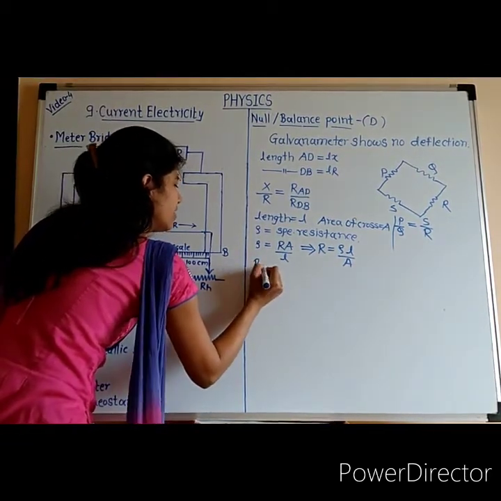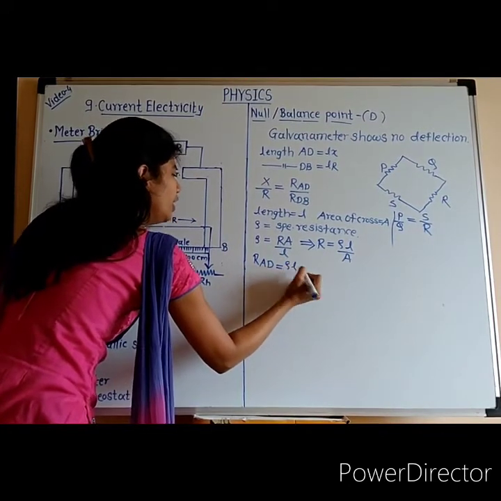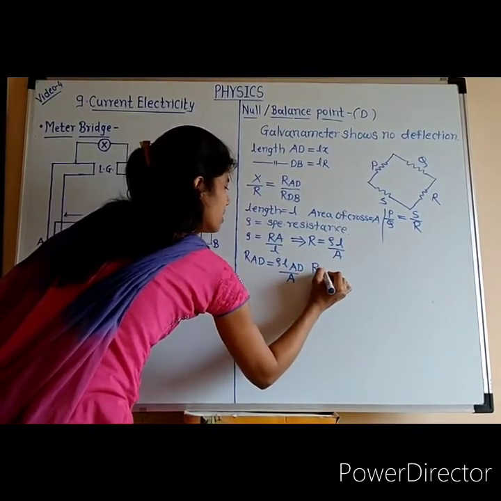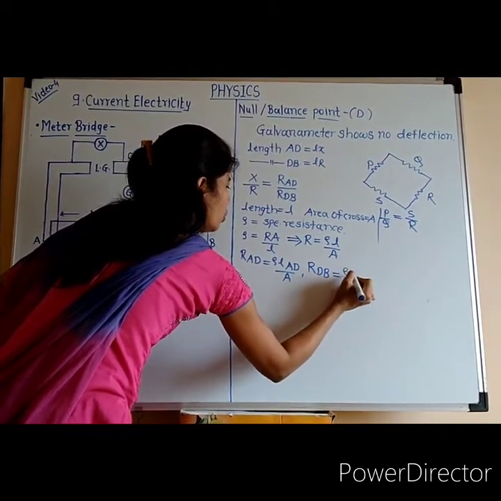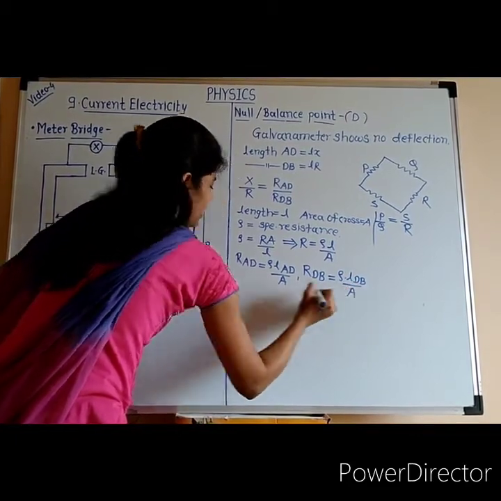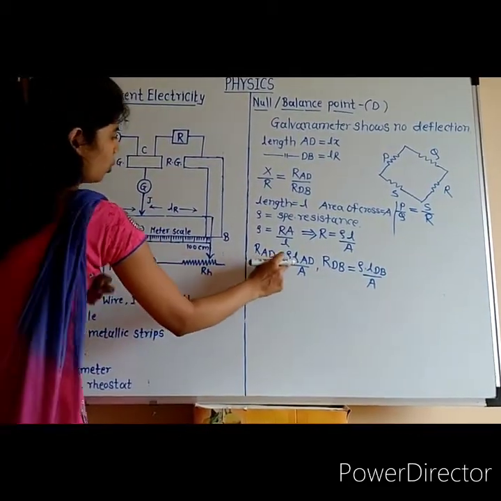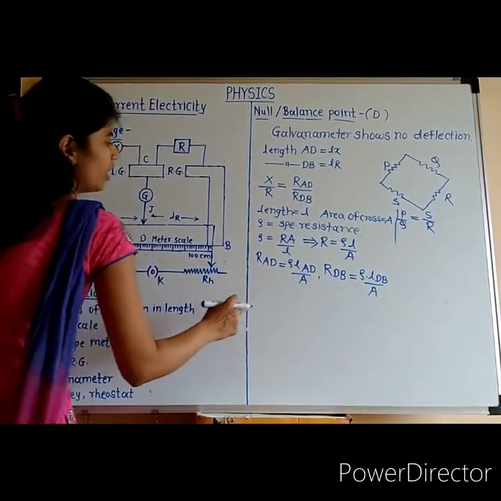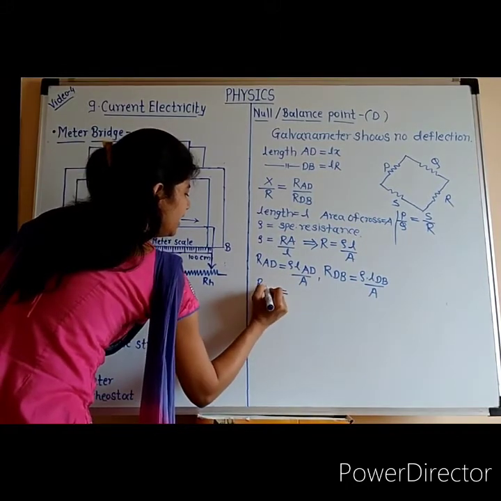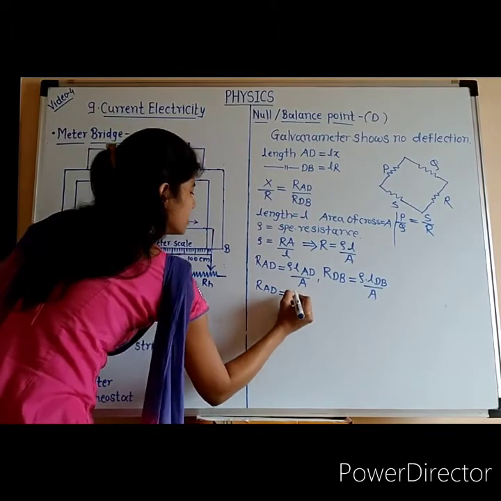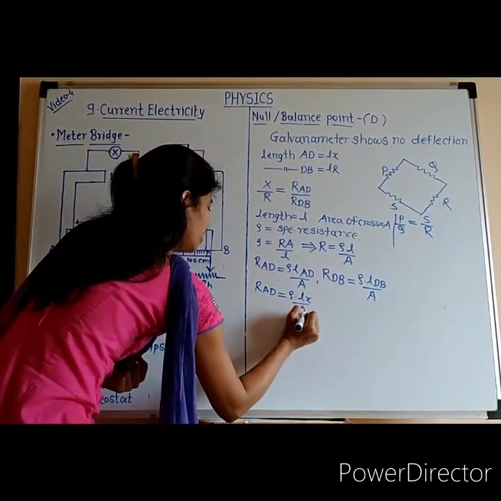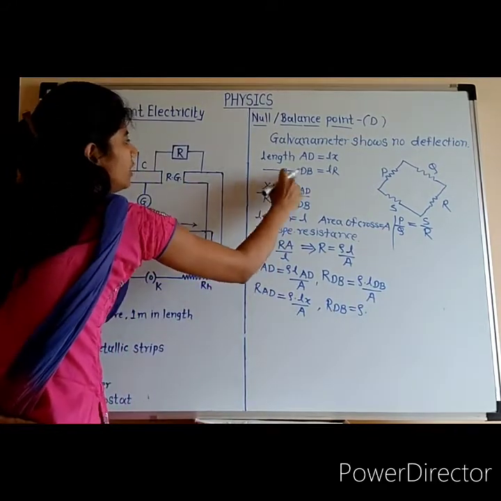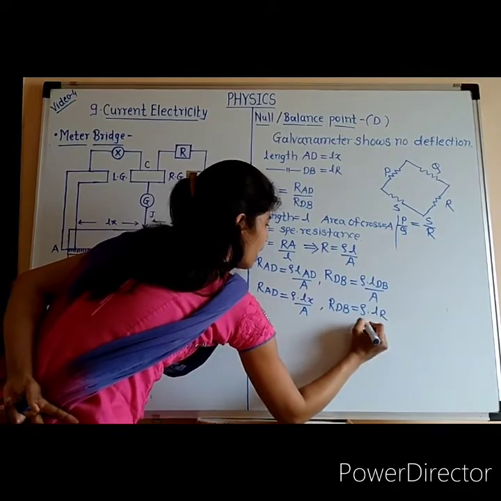Hence we can write the resistance along AD is equal to rho into the length of AD upon A. Similarly, the resistance along DB is equal to rho into the length of DB upon A. The length of AD is Lx, hence R AD is rho into Lx upon A, and the resistance of DB is rho into Lr upon A.